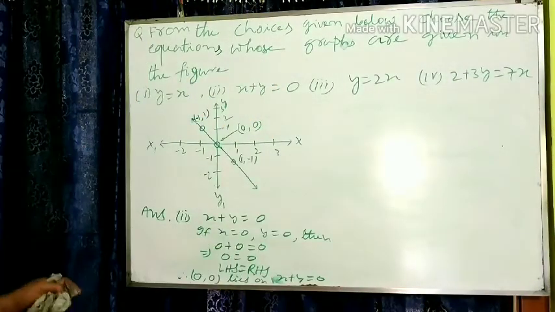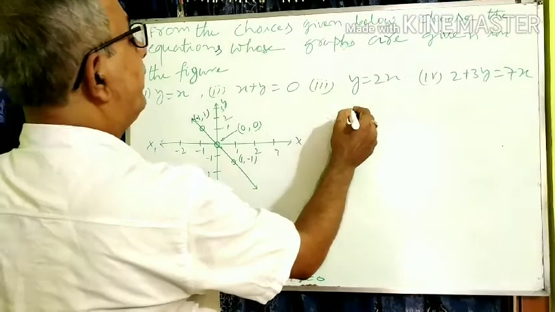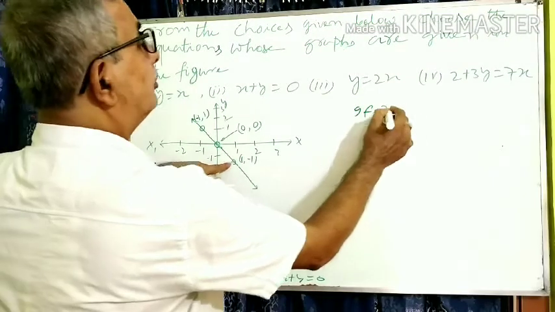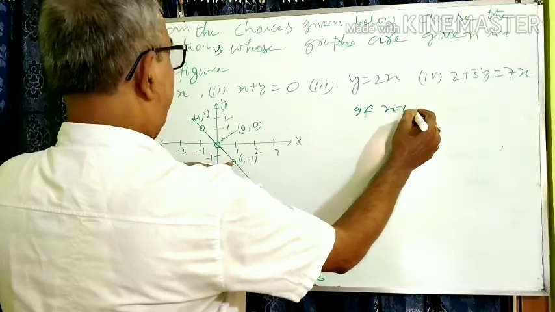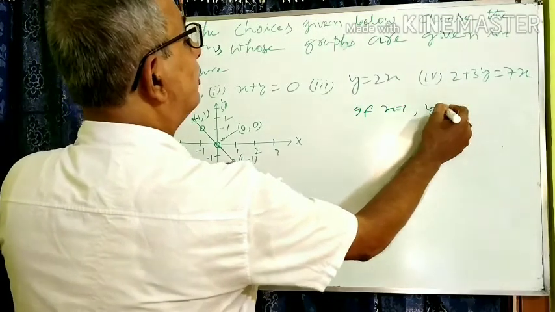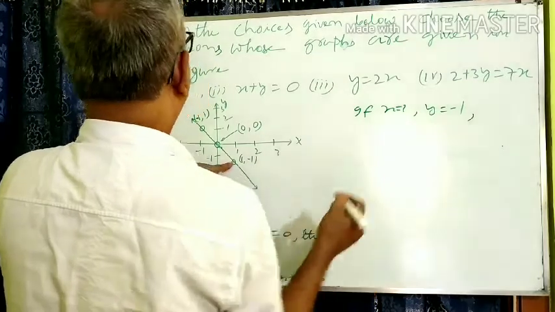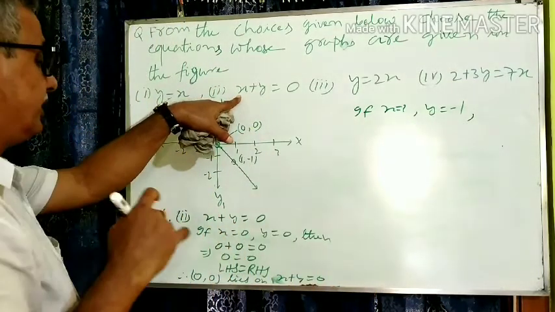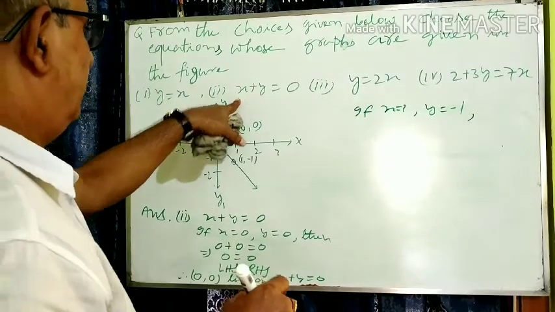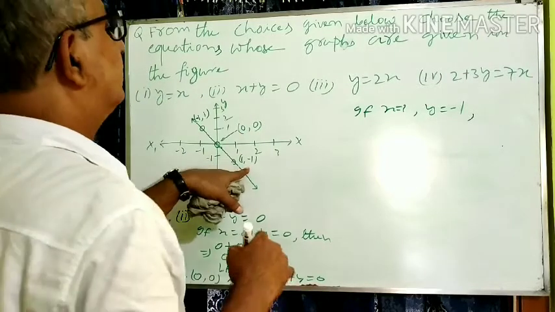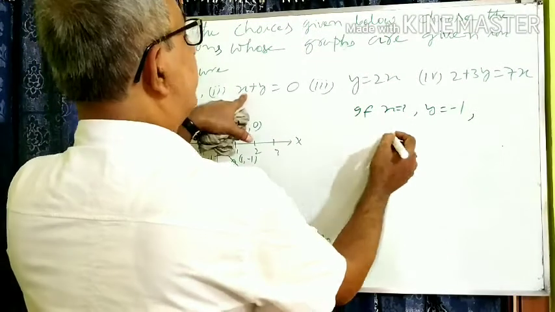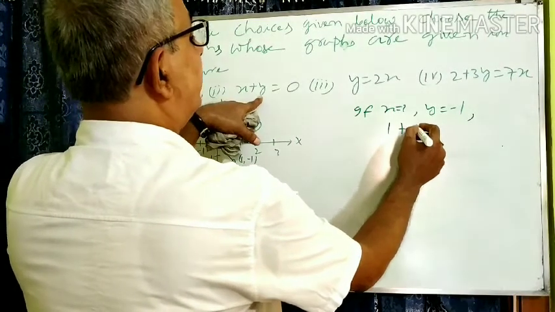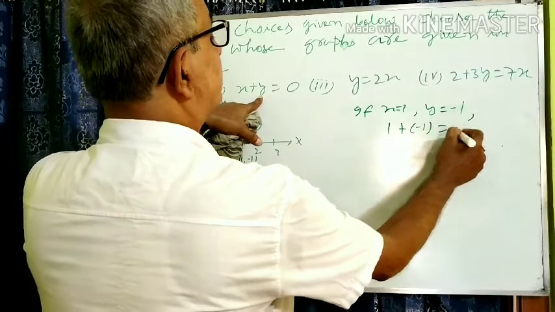Here, my dear students, if x is equal to 1, y is equal to minus 1, then what happens? You see, x is equal to 1, y is equal to minus 1. Here, instead of x I am writing 1. Instead of y I am writing minus 1. That is equal to 0.